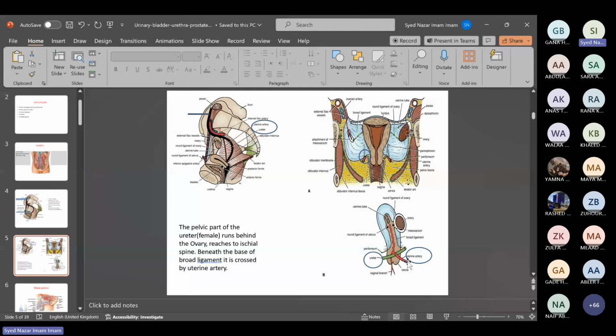So you need to differentiate between the ureter and the uterine artery once you are in the pelvis and you want to remove the uterus in the female. Because if you damage the ureter, it is going to be a big loss. So just keep in your mind that this relation of the uterine artery with the ureter is very, very important, while it is crossing the uterine artery in the female.